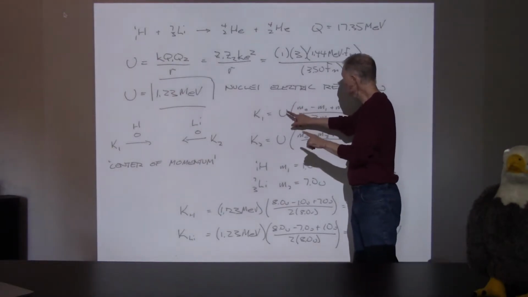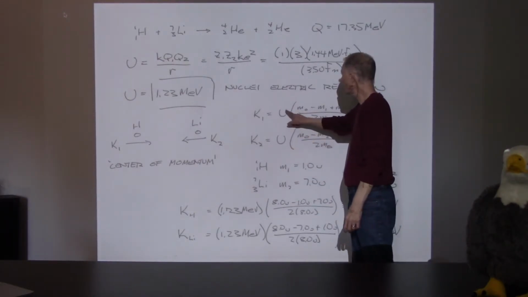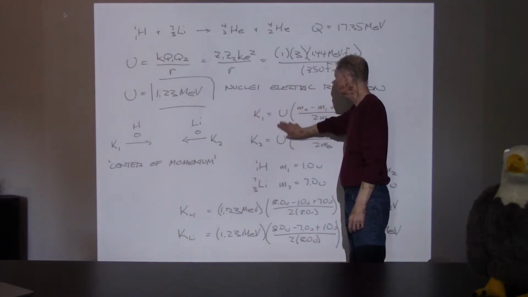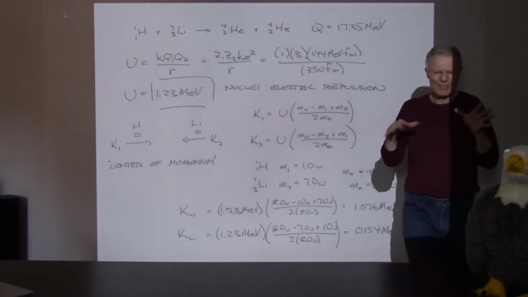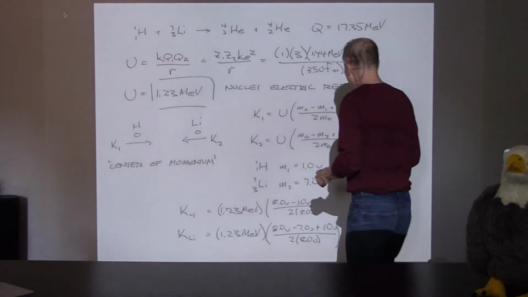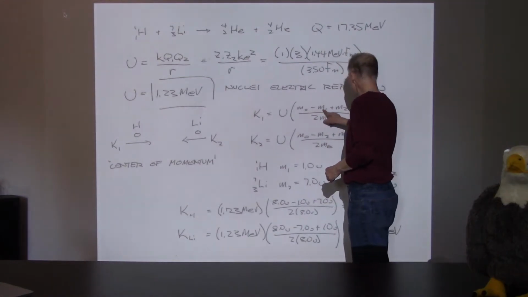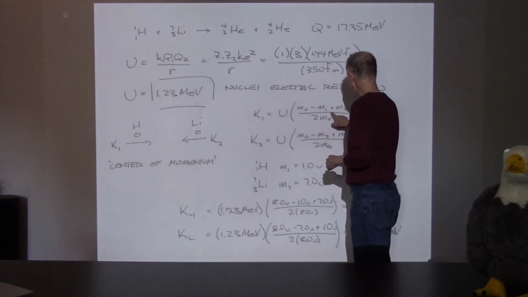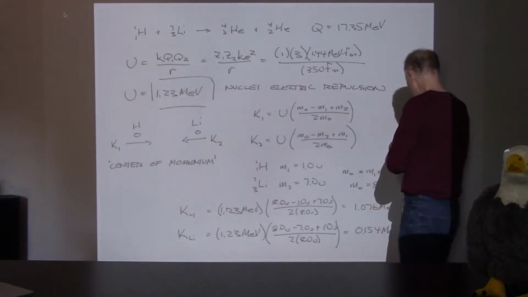And so I'm just using these formulas. Back in special relativity, when we defined this, these were Q's, but now since we're thinking of this in reverse, we're going to put that as the potential energy barrier. Okay, so we can use the same formula. And then I just put in the M naughts and the M1s and the M2s and follow the recipe from the formula.